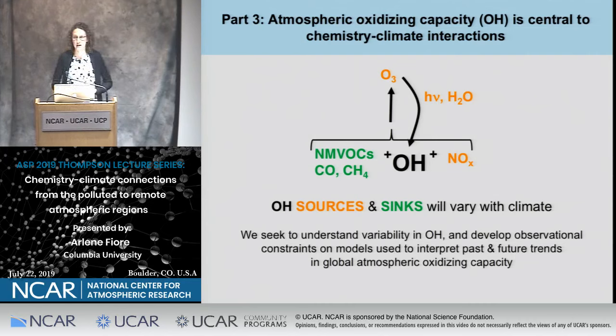OH is the major sink for the reactive greenhouse gas methane, and we have different sinks for OH as well as sources. So our goal is not just to understand variability in OH itself, but also the processes driving that variability. Because OH is so short-lived, typically around for less than a second, it's really impossible to have direct measurements for these constraints, which is why we're seeking what I'll call proxies for OH variability.